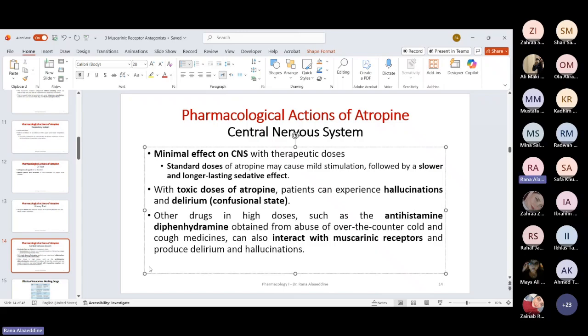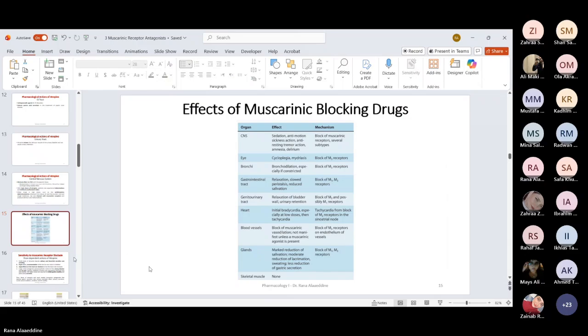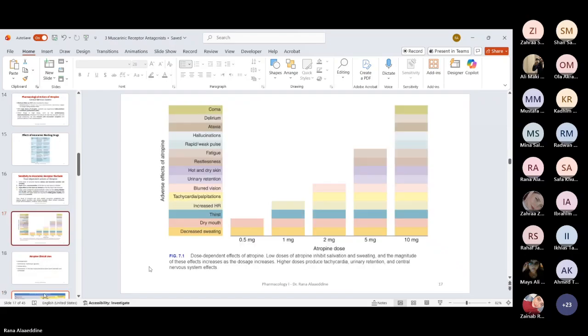Let me show you the scheme. Okay, over here. So can you see, guys? The person will feel tired, they will have hallucinations, they will have delirium, they might go into a coma in case of a high dose.